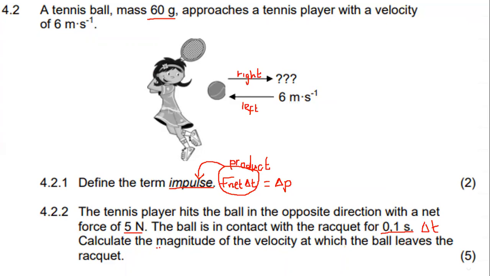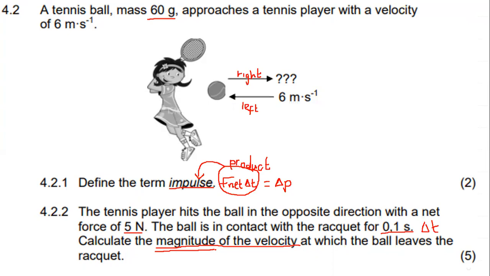Remember, velocity is a vector quantity, so you need to give magnitude and direction if asked to calculate the velocity. But because we just said calculate the magnitude, we are not asking you to add direction. So by just giving us the magnitude, we will be fine.